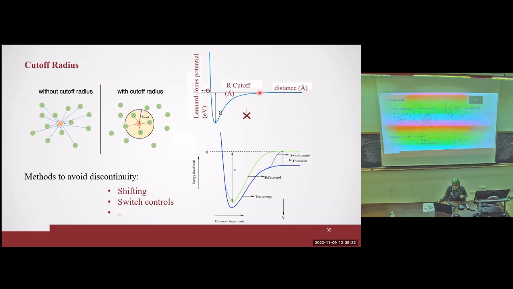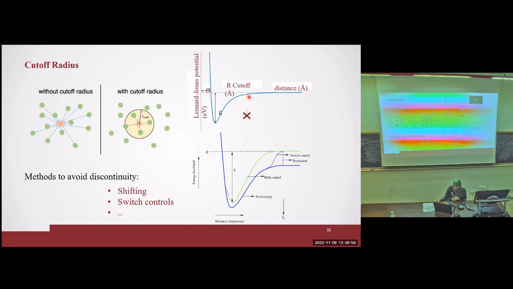So what should we do? We define a cutoff radius, beyond which we are not calculating the potential energies. For example, if it goes beyond this distance, we are not calculating the potential energy anymore. But there's a problem here: there is a discontinuity.